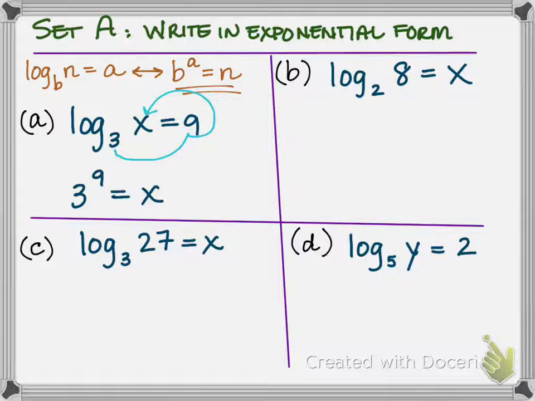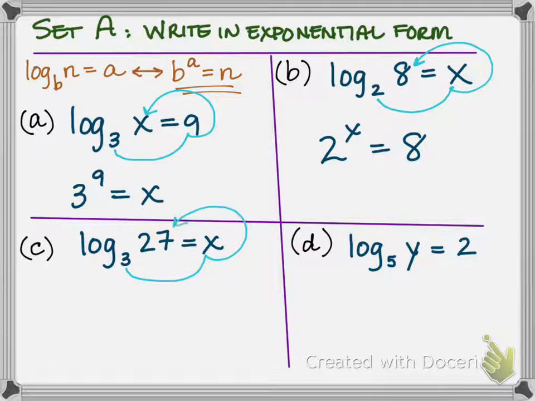Okay, so let's see how you guys did. Check your work as we work along here. We start here with the base, which is the subscript, go to our exponent, remember, a log is an exponent, and wrap around and set it equal to our power. So you should have written 2 to the x equals 8. On this one, start with your base 3, wrap it around, and set it equal to the power.